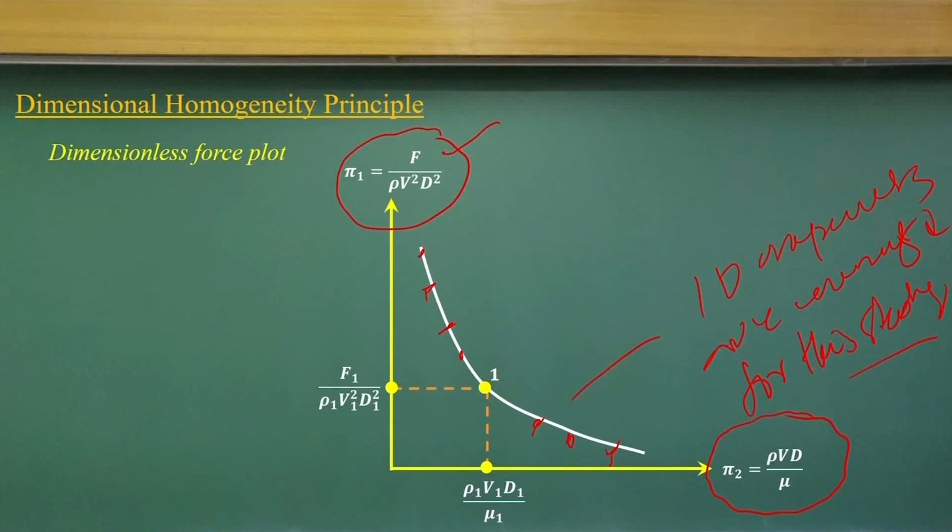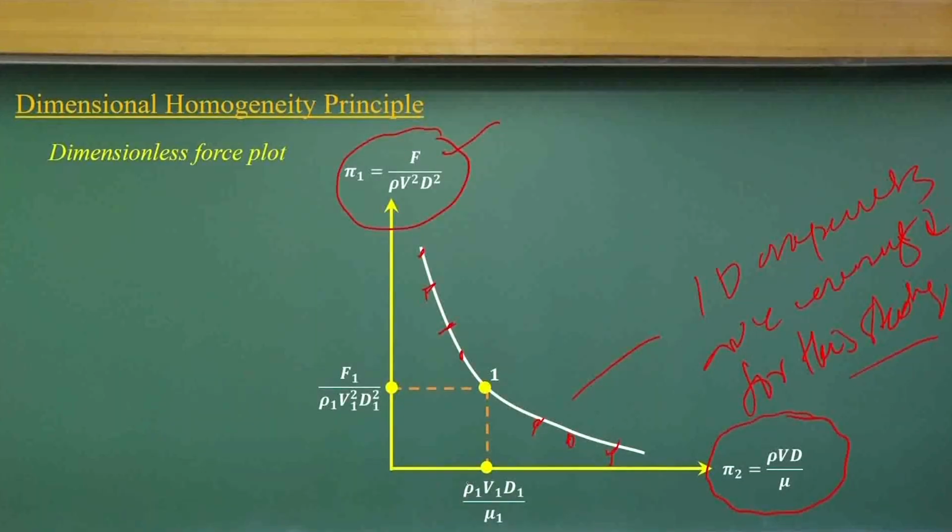So the non-dimensional experiments let us make a dimensionless force plot and conduct the experiment with different Reynolds numbers. Once you do that, you get the force, you know the velocity, you know the diameter of the cylinder, so you can compute the non-dimensional force component.